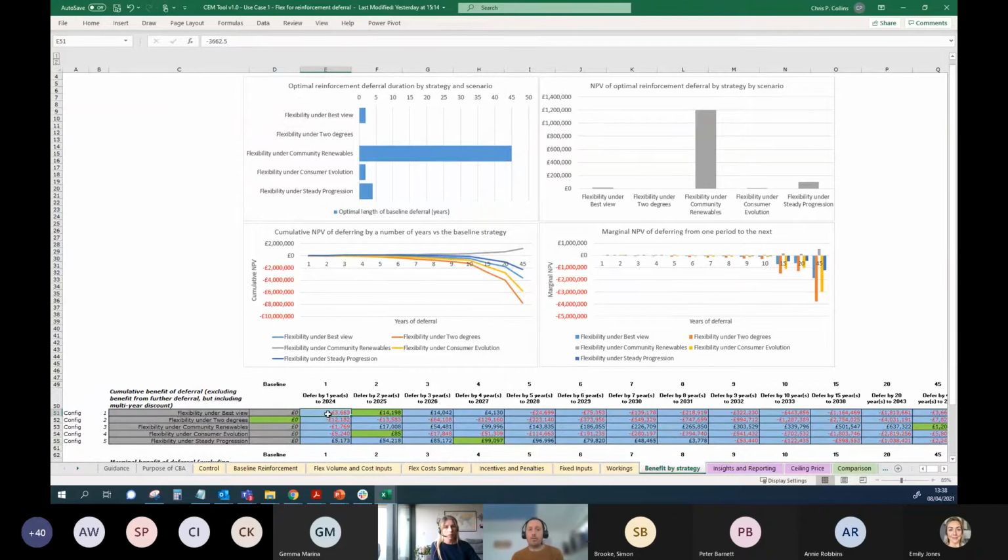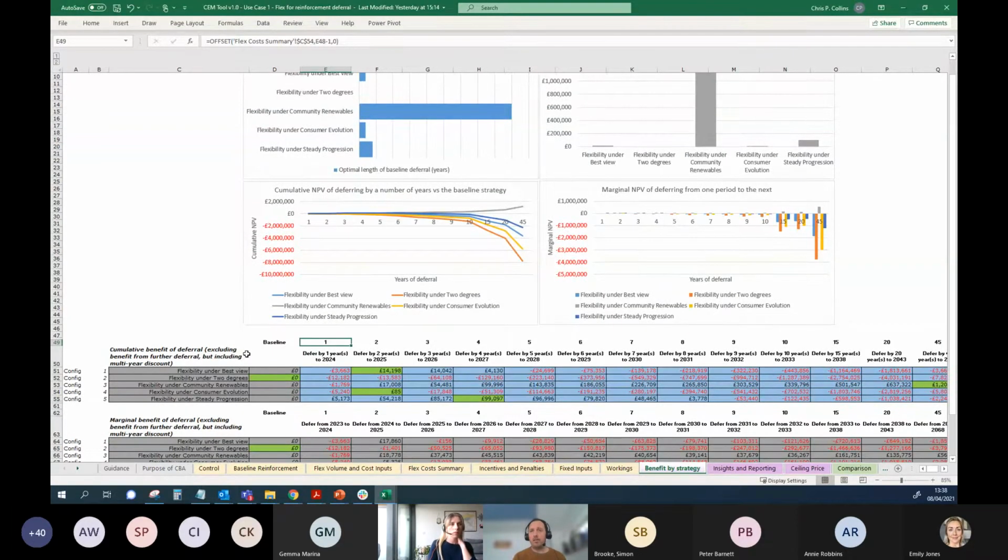Now, what this is saying is each of these numbers is working out, for a number of years of flexibility, what the overall benefit associated with using flexibility for that number of years is. Remember, in this particular use case, we're considering reinforcement as a requirement and using flexibility to defer that by a certain number of years. What this model doesn't do is presuppose what the correct number of years is.